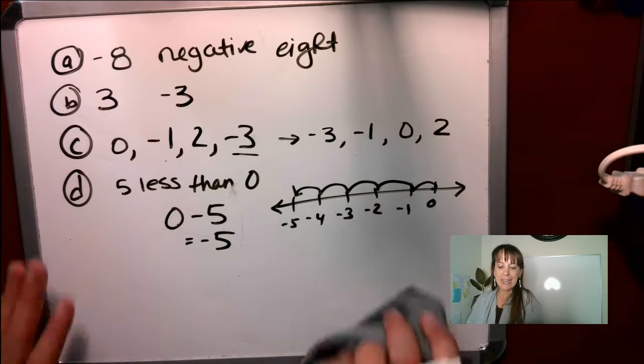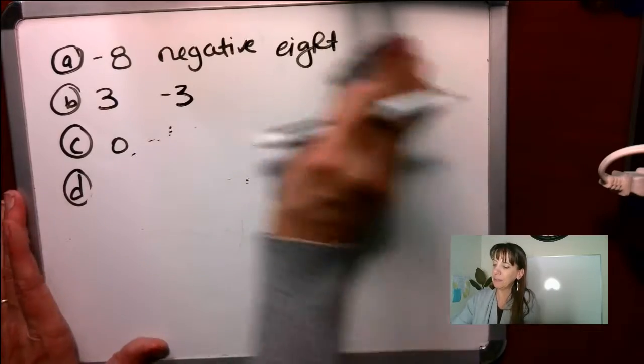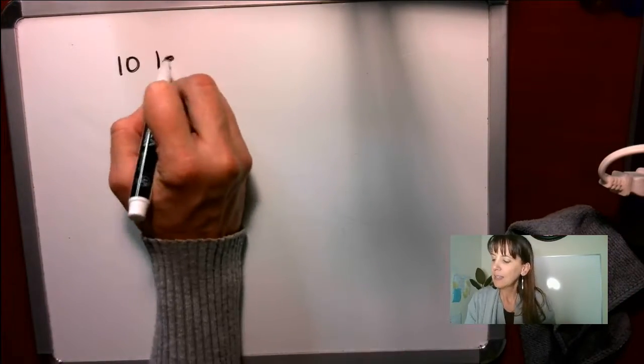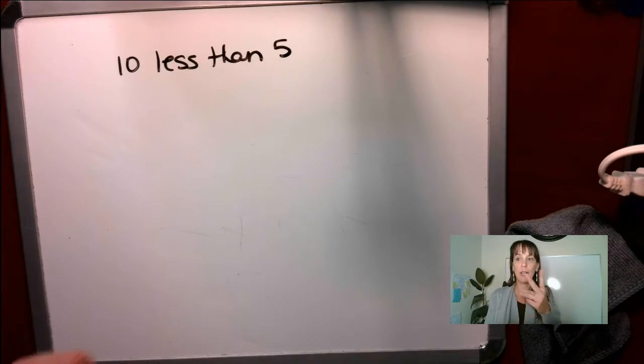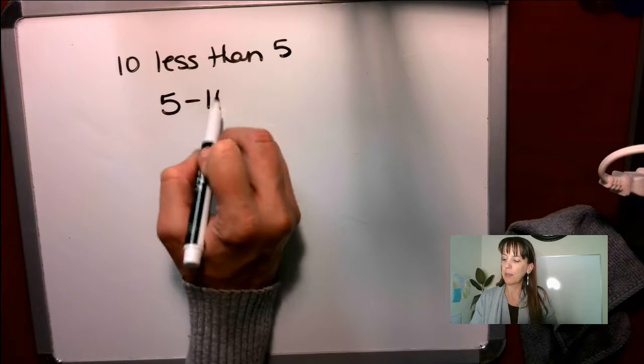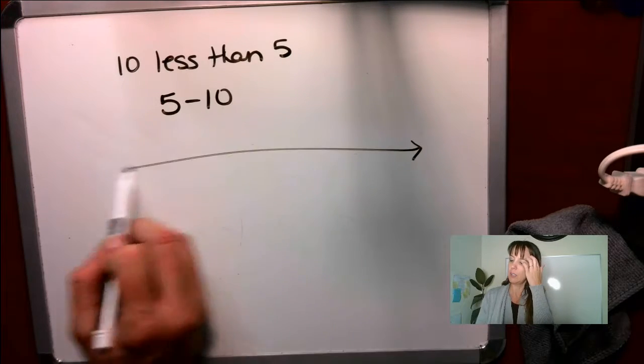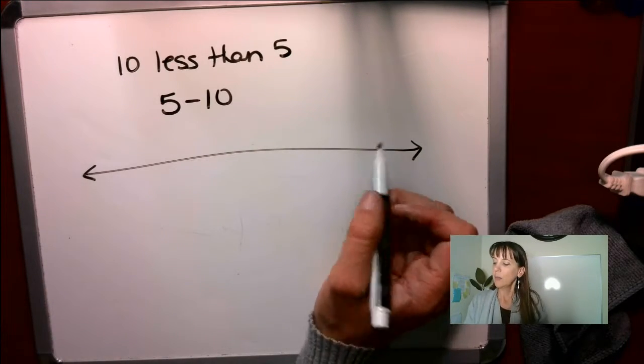What number is 10 less than 5? Flip it around. 5, and then we take away 10. So on our number line, if you want to draw that out, we start at 5.